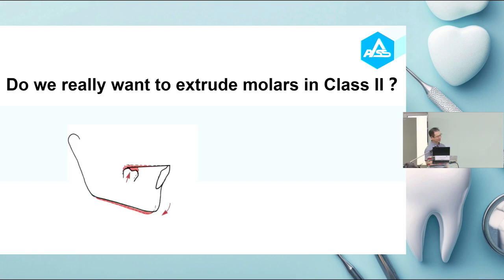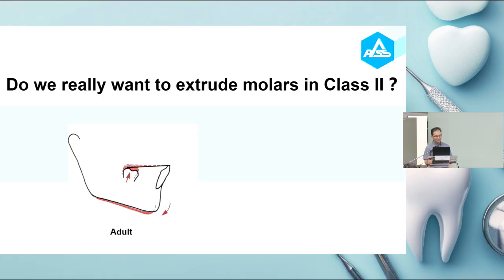In adult patients, the extrusion of the molar can cause clockwise rotation of the lower jaw, resulting in more pronounced mandibular protrusion.